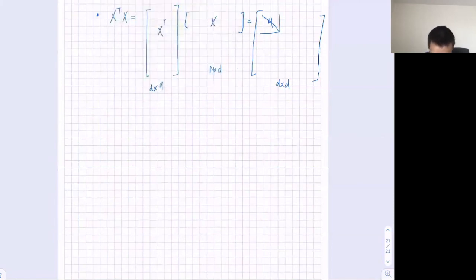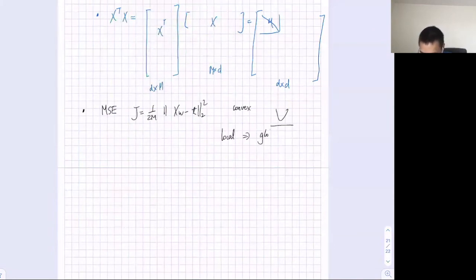So just to summarize a little bit. In this video, we talked about mean square error. It's a convex function, which just means it's curving up. And we know for convex functions, if you have a local optimum, then it gives you the global optimum.